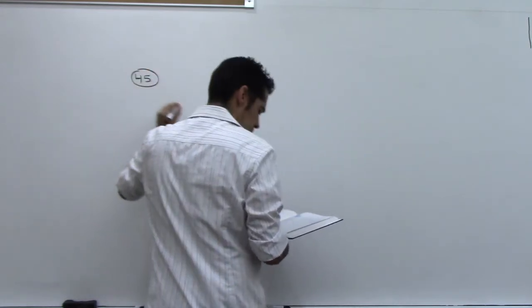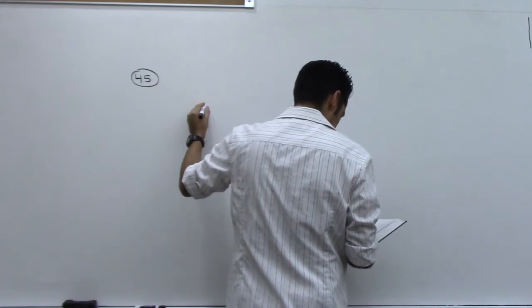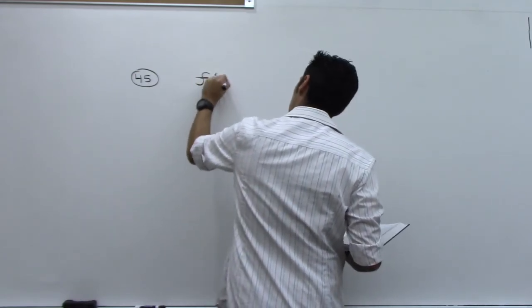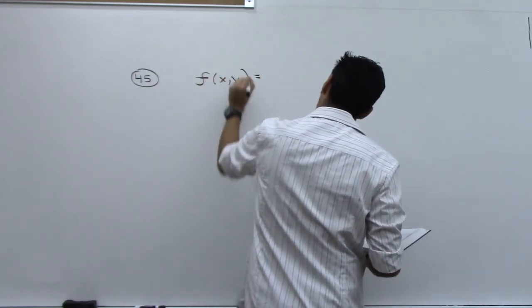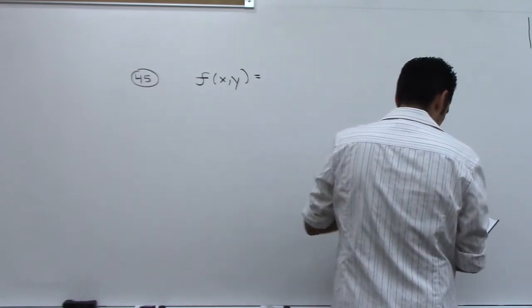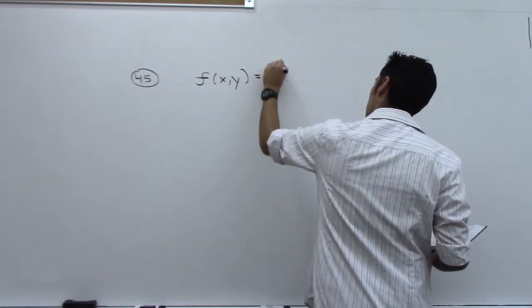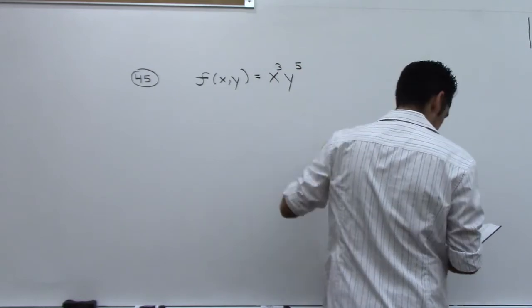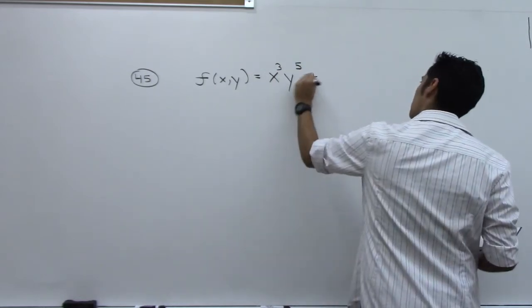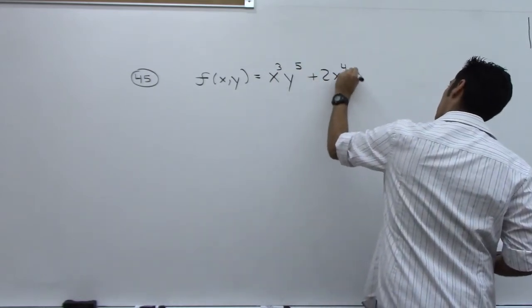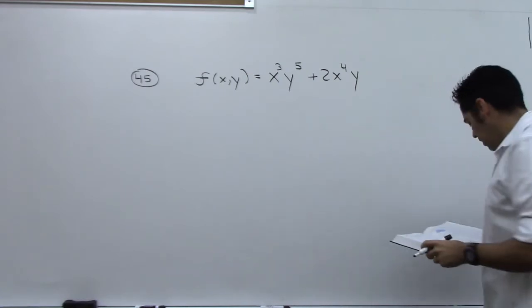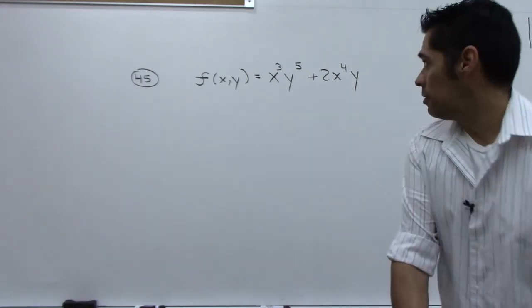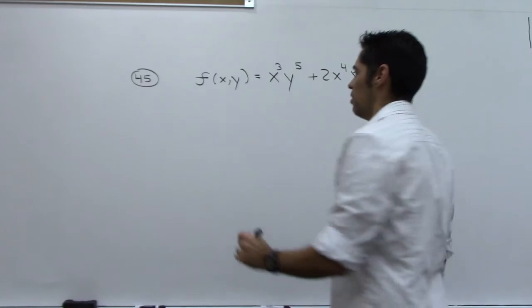So we have f of x, y equals x cubed y to the fifth plus 2x to the fourth y. We're asked to find all second partials.